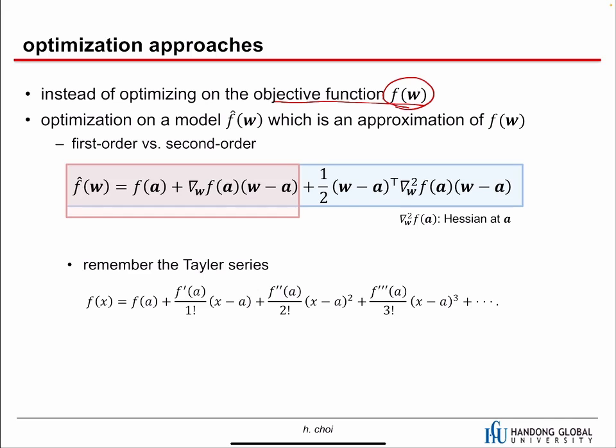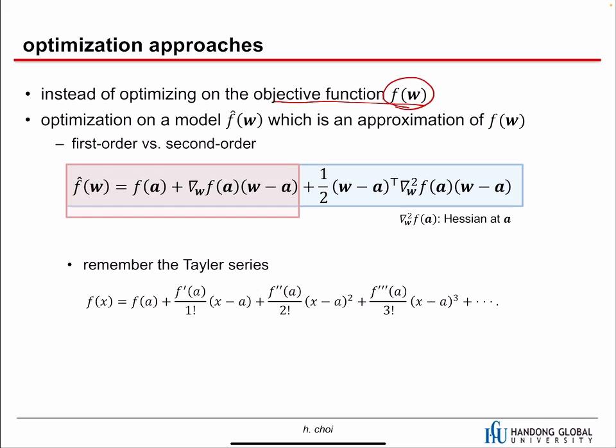handle this function directly. So as is usual in engineering, when the problem is too complicated, we take an approximation of the problem. If the approximation is reasonable, then the solution is reasonable. But if the approximation doesn't make any sense, then the solution doesn't make any sense.